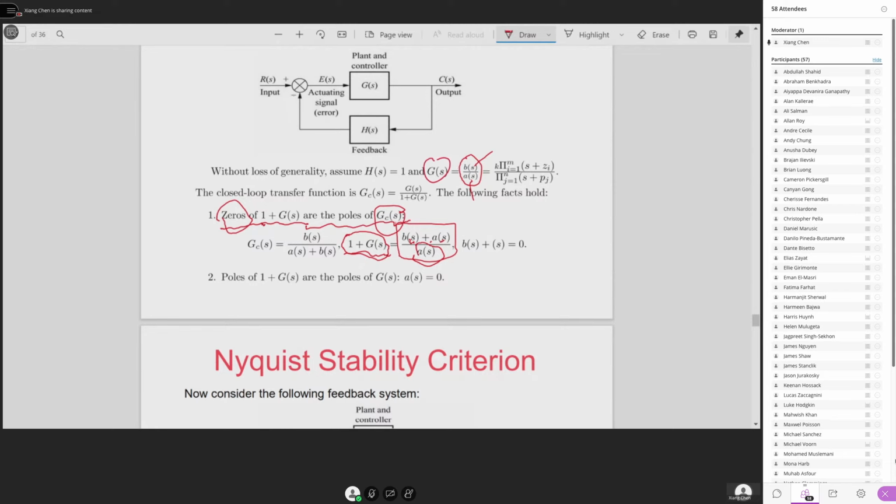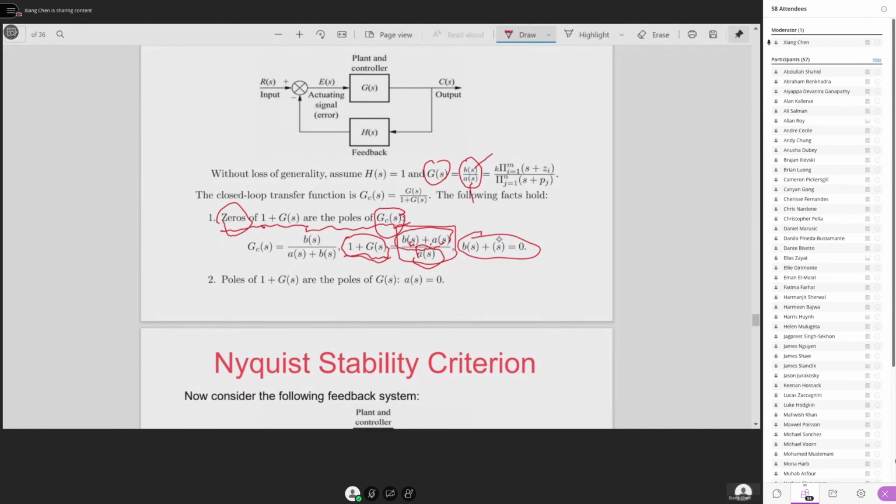So 1 plus G of S and G of S share the same denominator. But the numerator of 1 plus G of S is different. It's equal to B of S plus A of S. Apparently, if you solve this numerator equation, that will give you the roots of this equation.